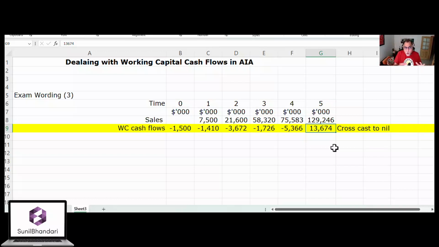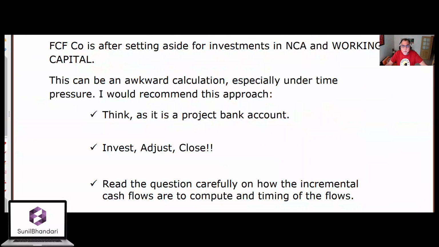But you notice all those examples follow the same principle. Invest, incrementally adjust each year, and then it all must come out at what is going to be in the final period. Now, what I've shown you with those three illustrations is the way to ensure you get the maximum marks on working capital.